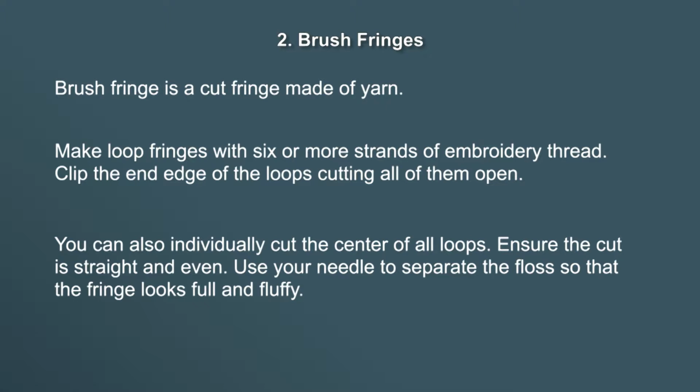Clip the end edge of the loops, cutting all of them open. You can also individually cut the center of all loops. Ensure the cut is straight and even. Use your needle to separate the strands so that the fringe looks full and fluffy.